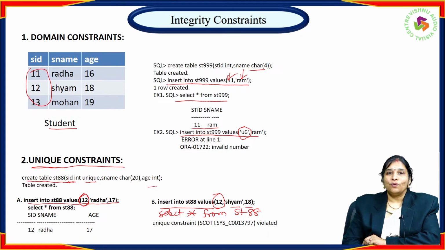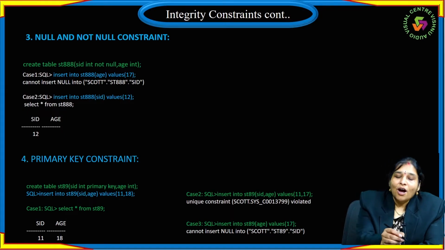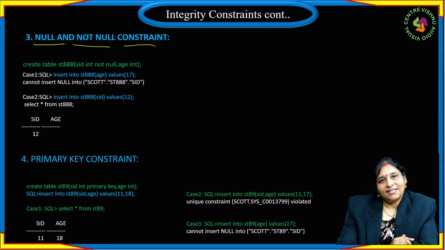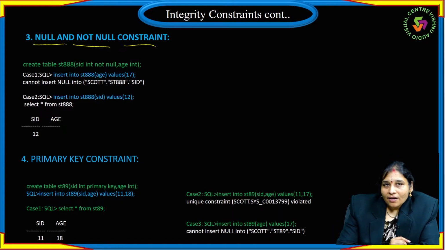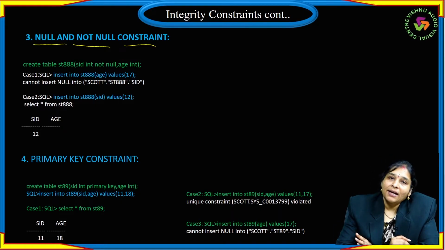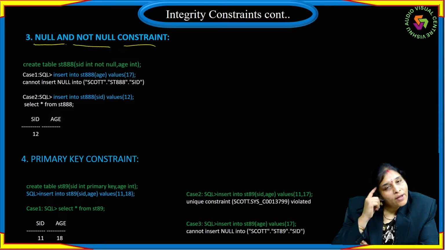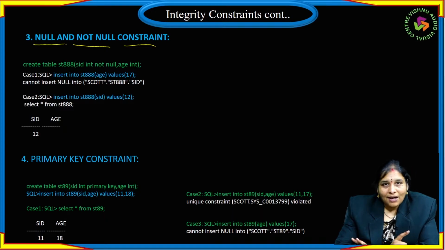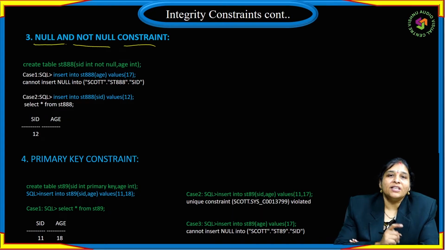Now let us move to the third constraint, the null and not null constraint. Again, whenever I try to insert values, sometimes I might knowingly or unknowingly not enter a value. But the need of the application is that in that particular field, the value must be entered. In that case, I will specify not null exclusively next to that field.